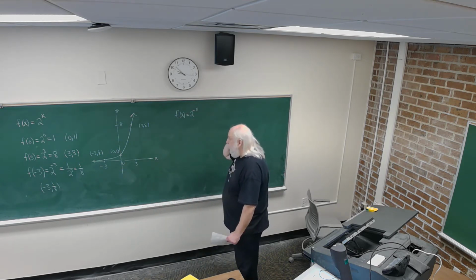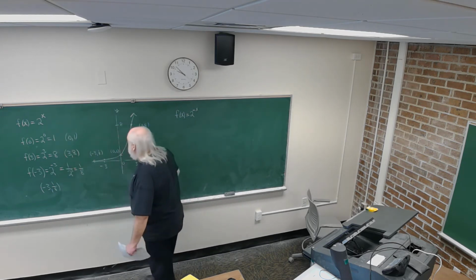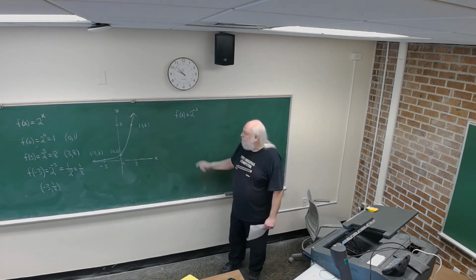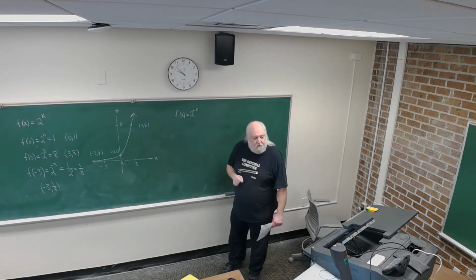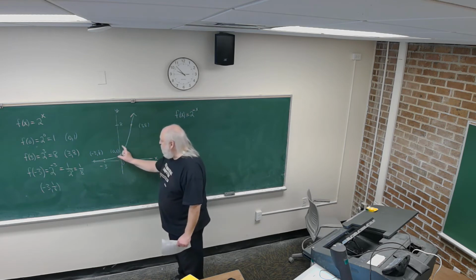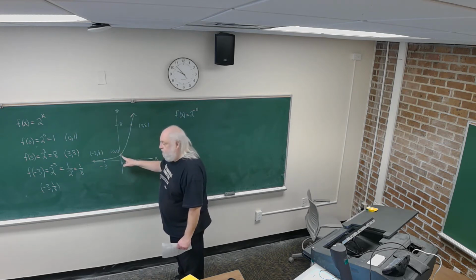Well, you notice that the difference between these two functions is that x has been replaced with minus x. And when we study transformations of functions, what happens to the graph when you replace x with minus x? Across the y-axis, right? It reflects it across the y-axis. So in graphing 2 to the minus x, we just have to flip this graph across the y-axis. So this point goes from here over to here. The y-intercept stays in the same place. And this point goes from here over to here.